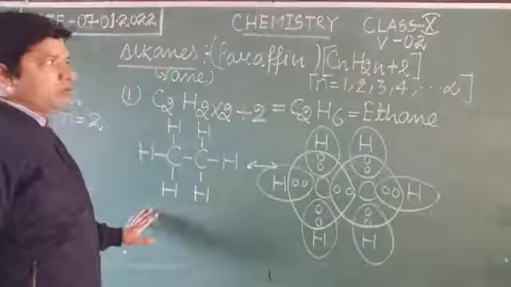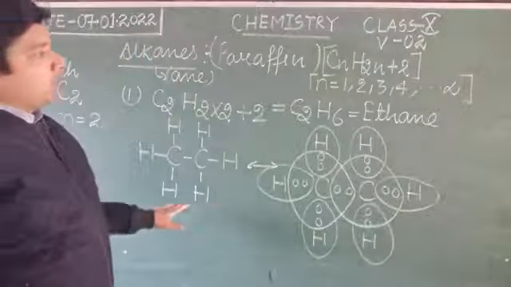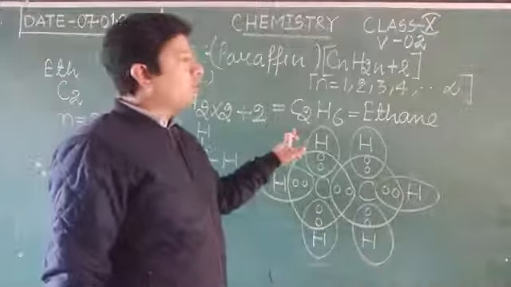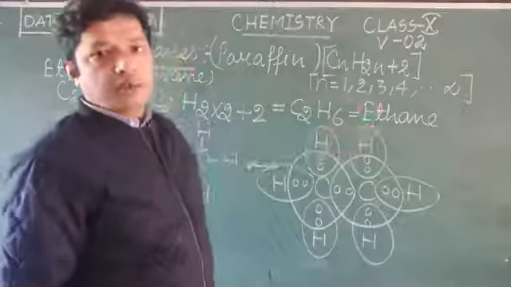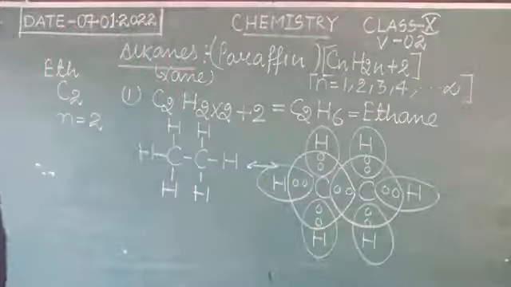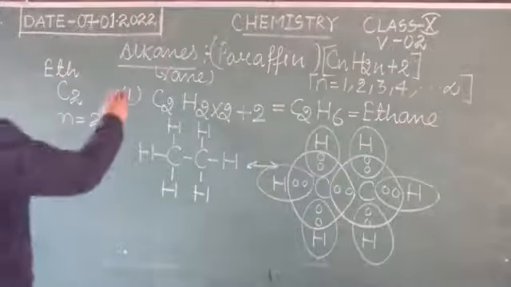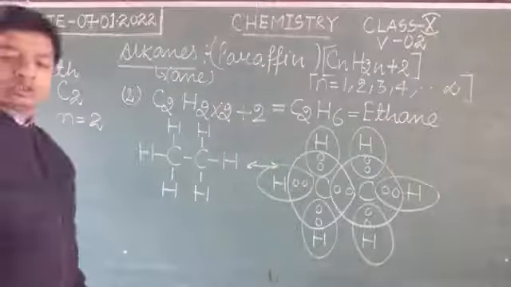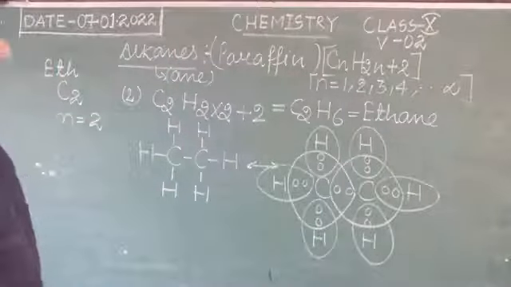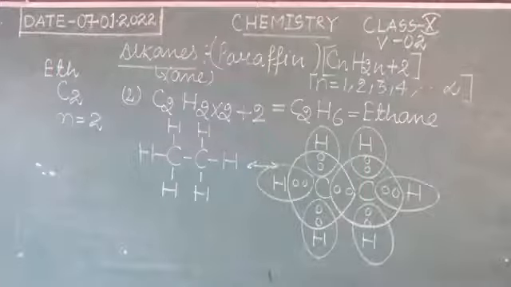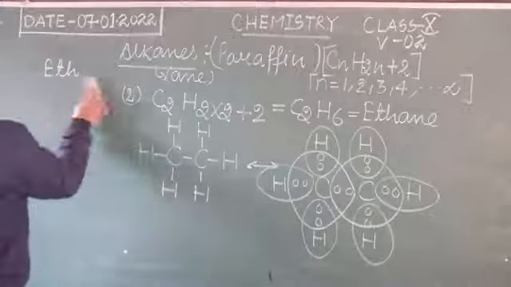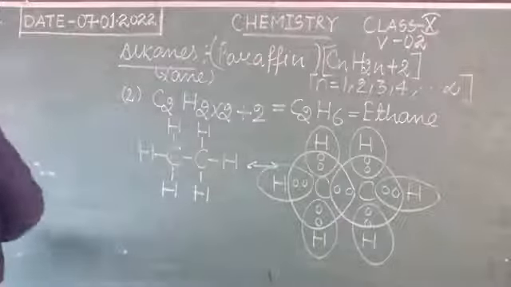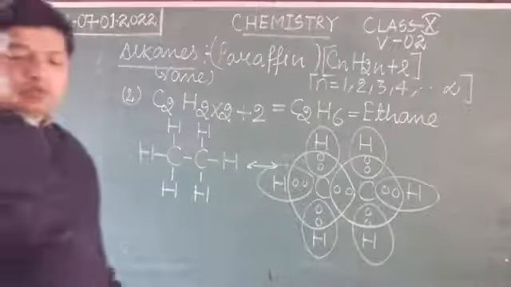It is the chemical formula of ethane. It is the molecular formula of ethane, and that is the IUPAC nomenclature. So we have discussed the first 2 members of alkane. The first member is methane. The second member is ethane. We are going to see the next 3 members of alkanes. Now try to make it by yourself also.